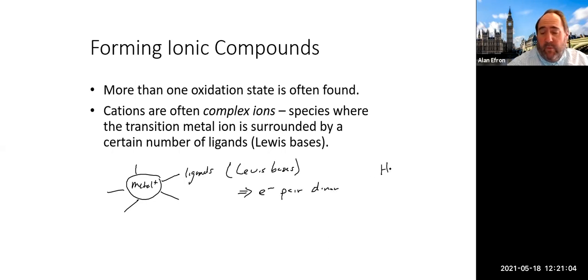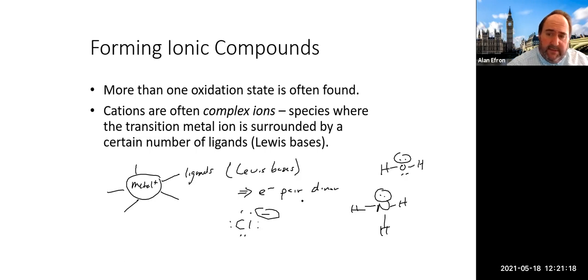So those are things like water, which has electron pairs. Ammonia also has electron pairs. Something that is negatively charged, like chloride, has electron pairs it could donate. So those are basically complex ions. They have that positive metal in the middle with those ligands.